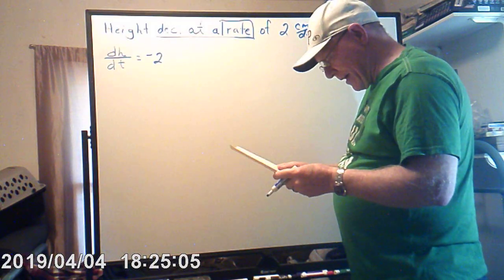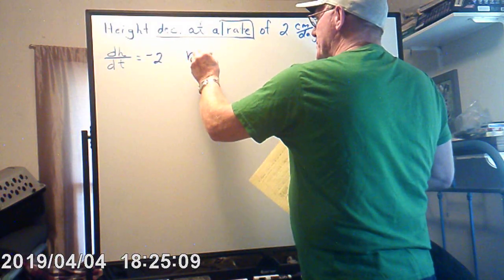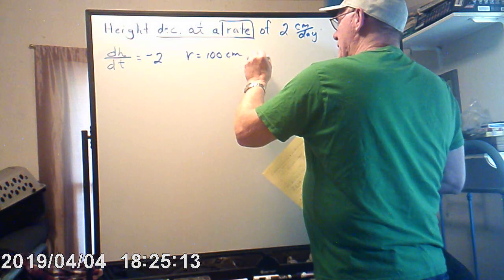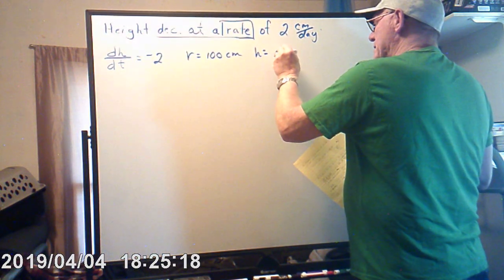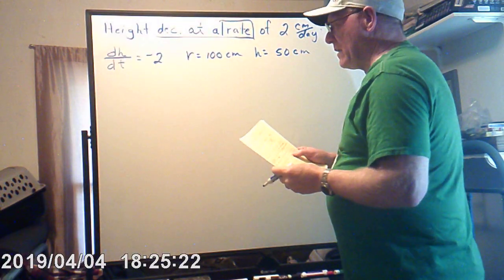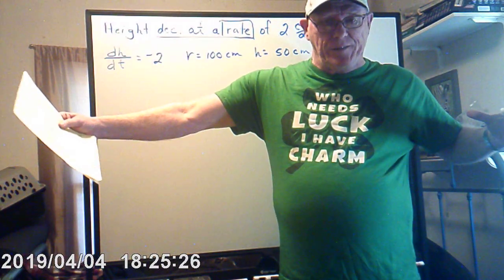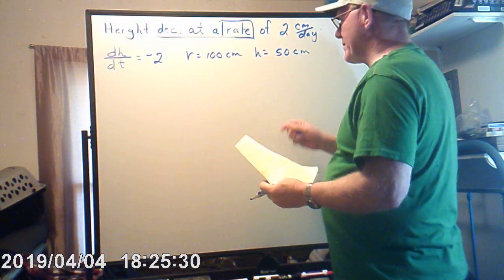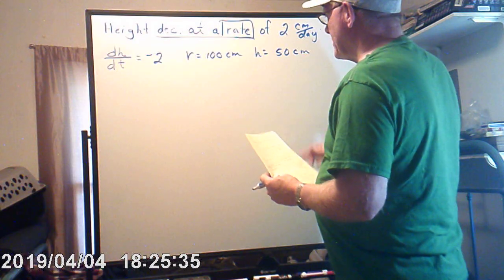All right, then we have R is equal to 100 centimeters, while H is equal to 50 centimeters. Okay. So it's a big wide cone, and the height is half the size of the radius. Okay. All right, so there we go.